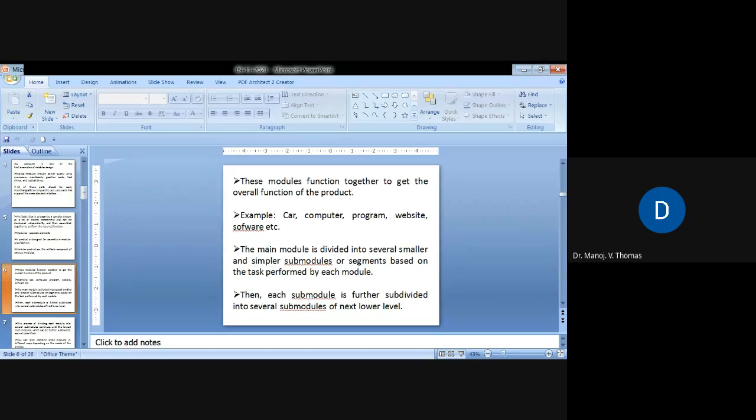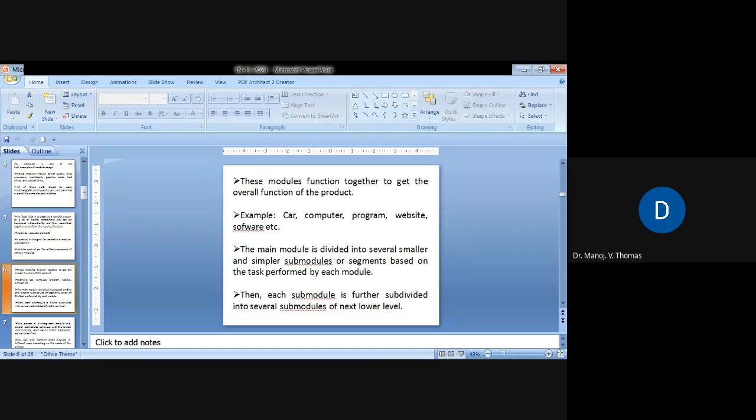A simple program we can also write. Say, for example, you want to accept two numbers, then find the sum of the two numbers, then print the sum. You can write this as three modules. Even though this is pretty simple, it is enough to understand the idea of a module. You write a function to accept two numbers from the user. That is one function, so that is one module.